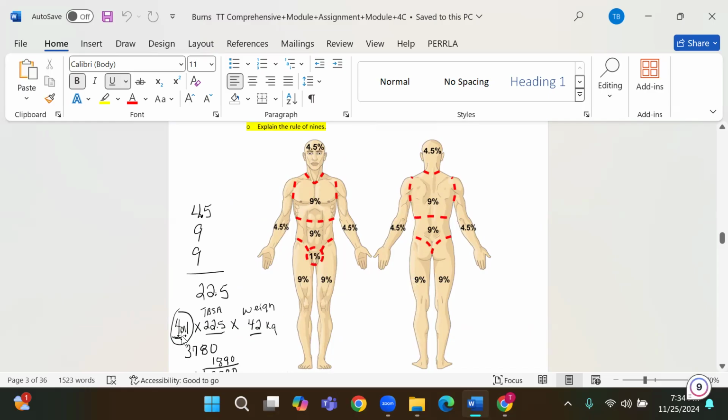Then you're going to take that formula that I just told you, and you're going to do 4 mils times the total burn percentage, right, which is 22.5, which we got here. And then from the question, it said the client's weight was 42 kilograms. Okay.